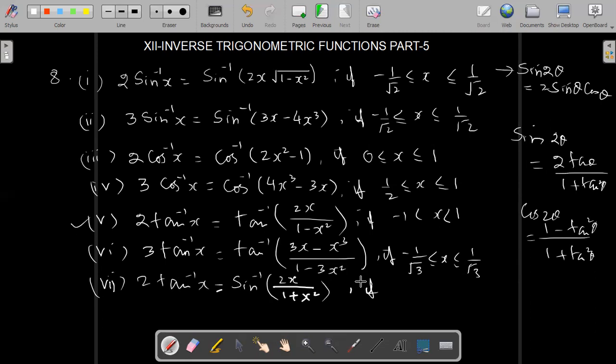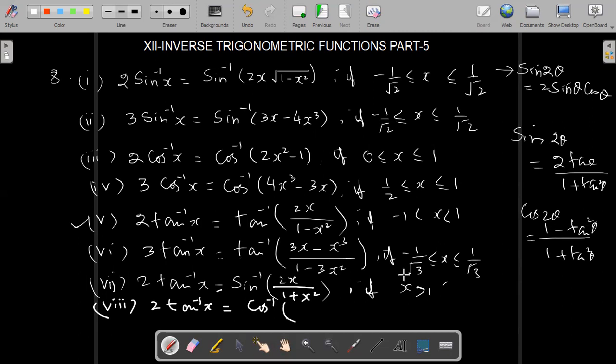If x is greater than minus 1 and less than or equal to 1, no, here x is only greater than 1. 2 tan inverse x can be converted into tan inverse, sine inverse, and cos inverse.